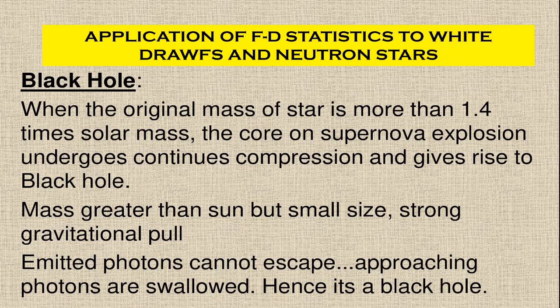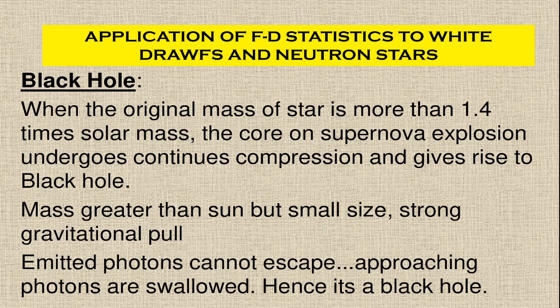So the mass of the black hole is always greater than the mass of the sun, but its size is very small. Due to this fact, what happens? Its mass is very large, so the gravitational pull of the black hole will naturally be very strong. Due to this strong gravitational pull, the photons of the emitted radiation cannot escape the surface of the star.